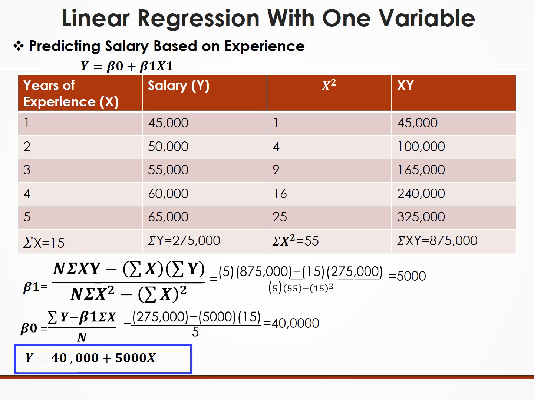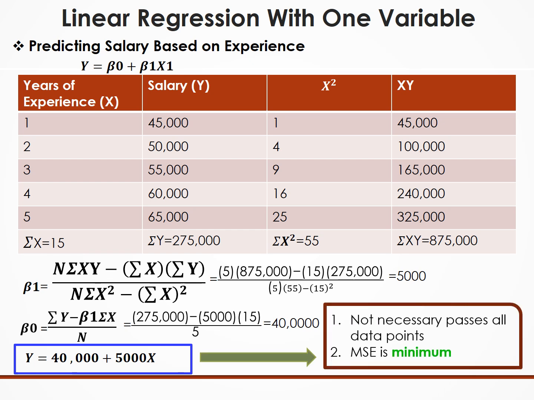Please note that it is not necessary that this line will pass through all the data points and accurately predict each data point. However, this line will give us the best equation and the least mean square error, which is our goal.